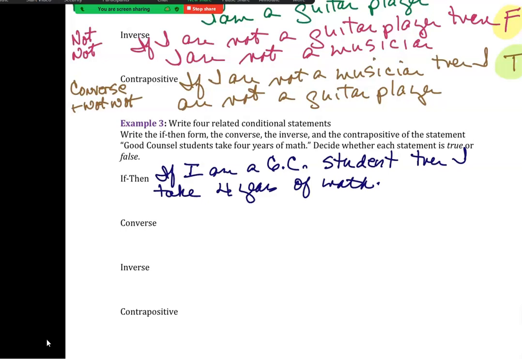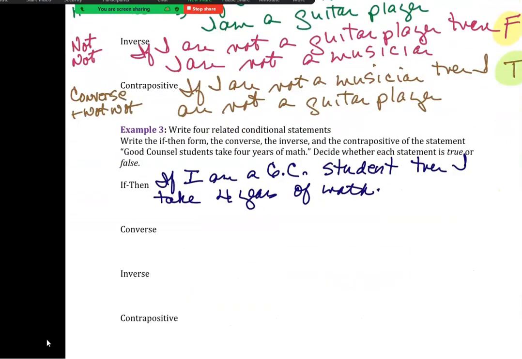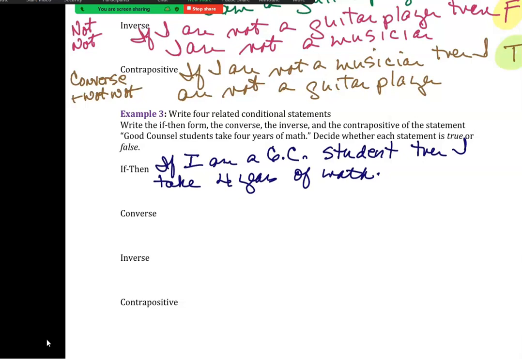Next one, converse. So we'll do green. You're going to switch, right? Converse, you're going to walk backwards. Here comes converse.